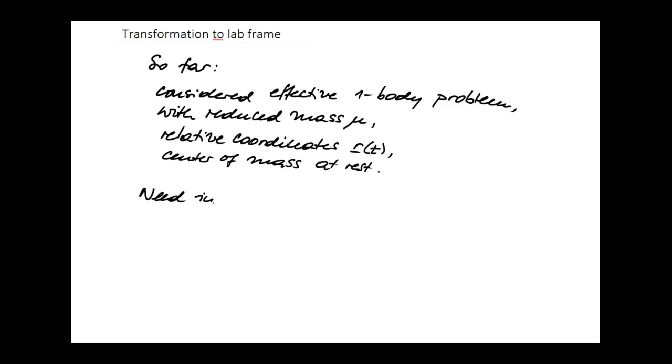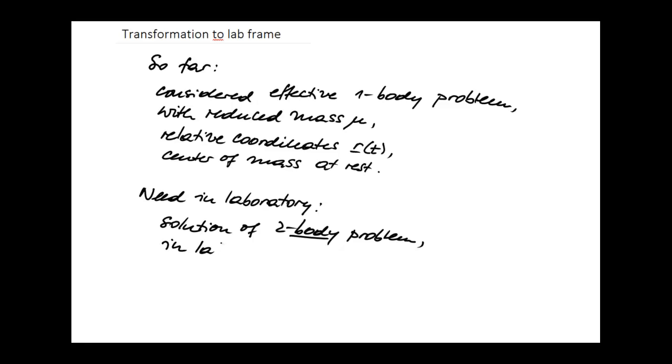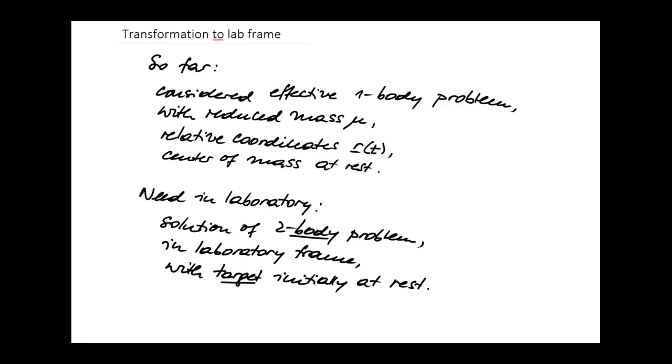What we need in the laboratory is a genuine solution of the two-body problem, not in the center of mass frame, but in the laboratory frame, and not with the center of mass at rest, but with the target initially at rest. The target doesn't necessarily have to be at rest after the experiment, because there will be a recoil and therefore also the target will move after the scattering process. But initially we have the target at rest.